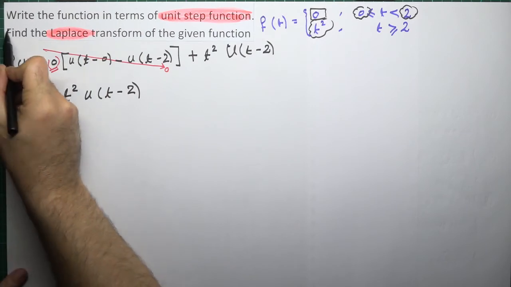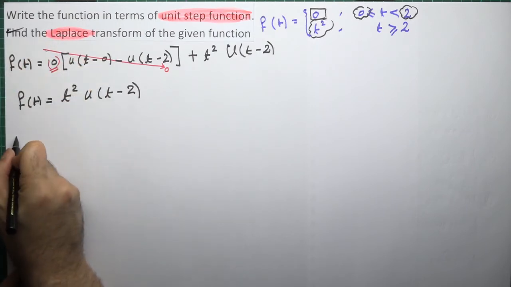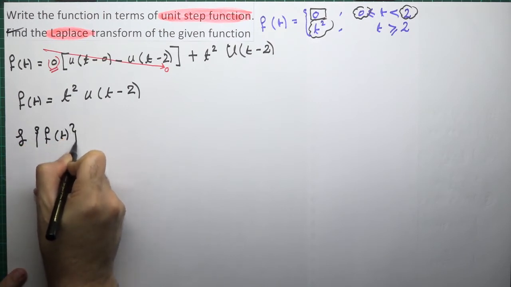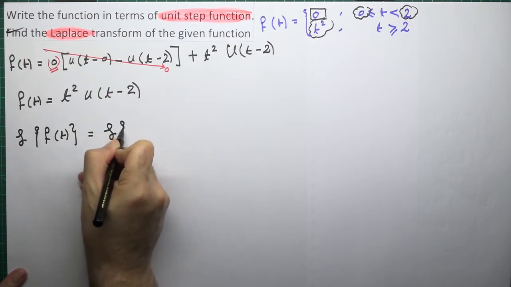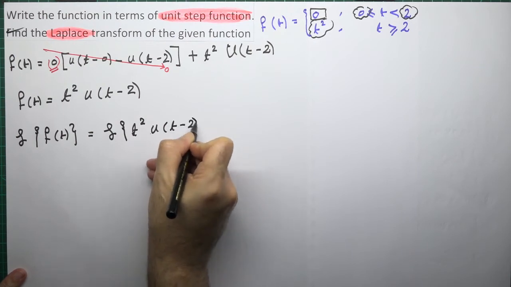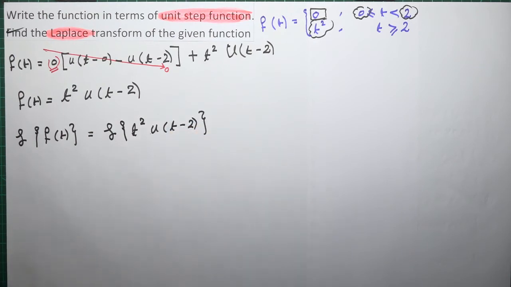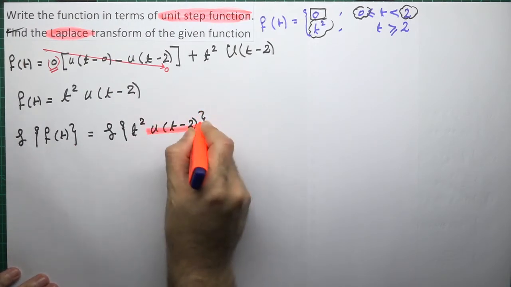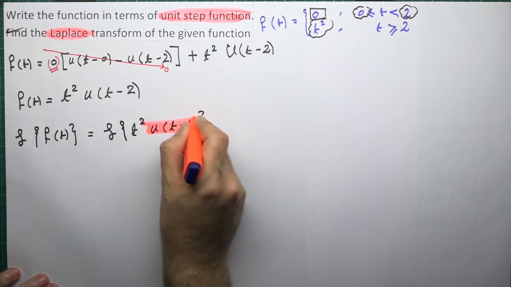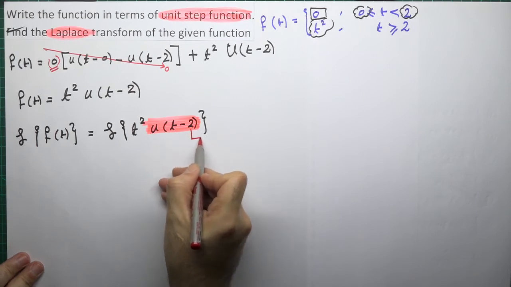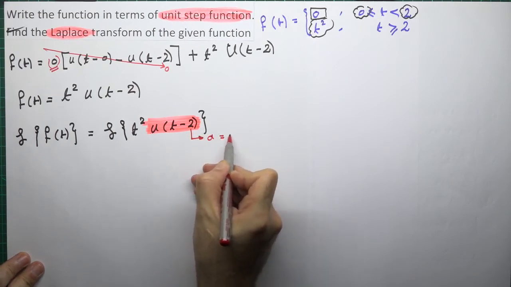والآن نأتي إلى المطلوب الثاني وهو to find the Laplace transform of this function. So Laplace transform of f of t equals Laplace transform of t squared times u of t minus 2. وهنا يا أحبتي راح نكرس جهودنا للتخلص من هذا اليونت ستيب فانكشن أو من Heaviside function. وعلينا أن نعرف what is the value of a, and the value of a here, a equals 2.